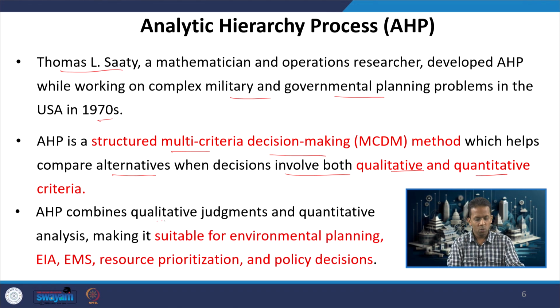It combines qualitative judgments and quantitative analysis, which makes it suitable for different environmental applications like environmental planning, EIA, EMS, resource prioritization or policy decisions. Because it can take care of qualitative judgments given by experts or decision makers and quantitative analysis like the data collected from site inspection or from literature, it is suitable for fields related to environment where both judgments and quantitative data are involved.